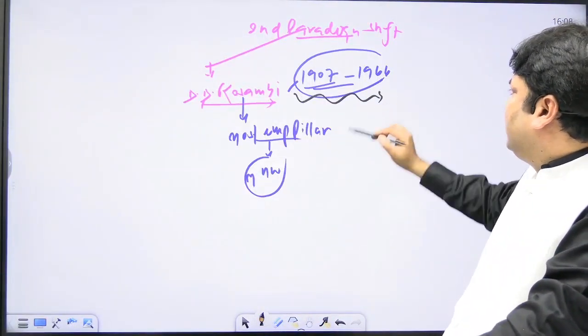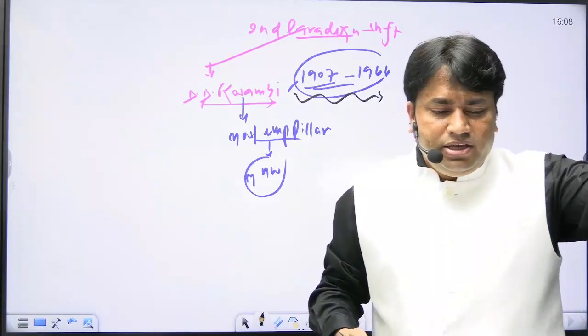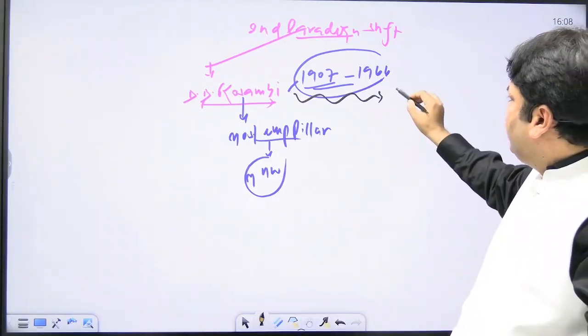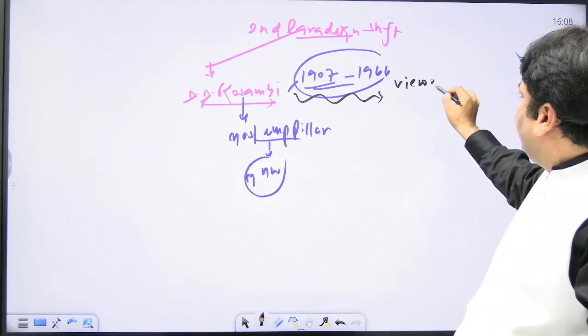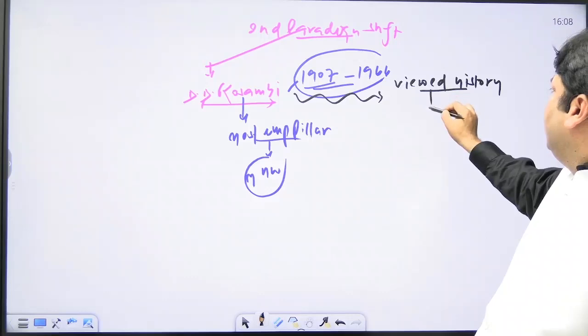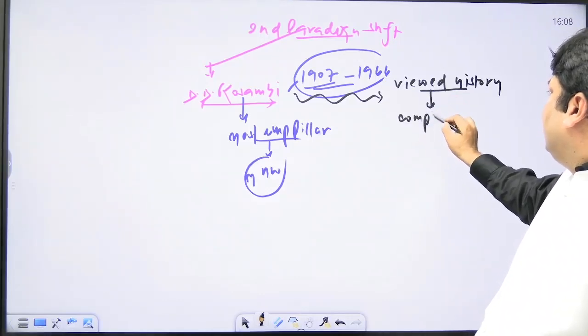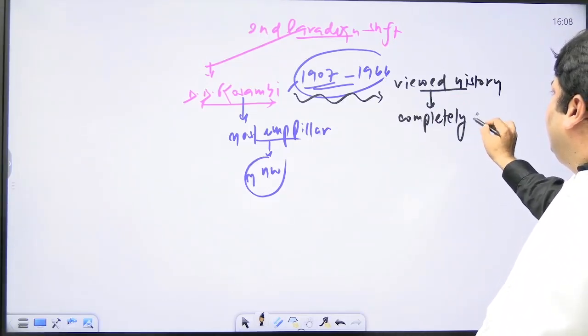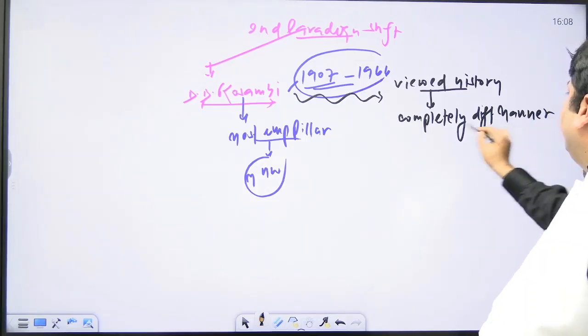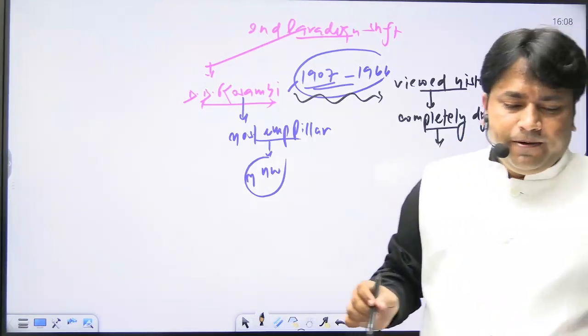He is not using the approach of James Mill, he is not using the approach of Vincent Smith. He viewed history in a completely different manner. This was different from his predecessors.